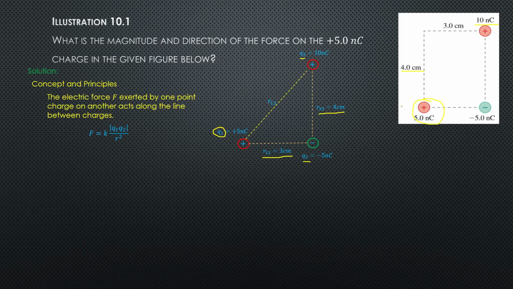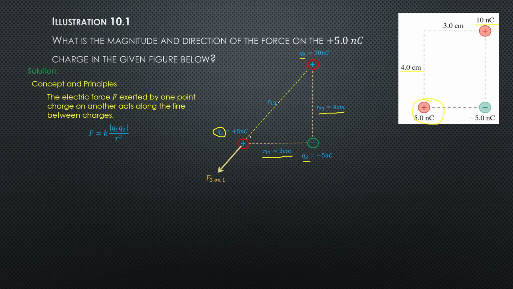But on the figure, the distance between the 5 nanocoulomb and the 10 nanocoulomb is not given, so I have placed R13, the distance between charge 1 and charge 3.